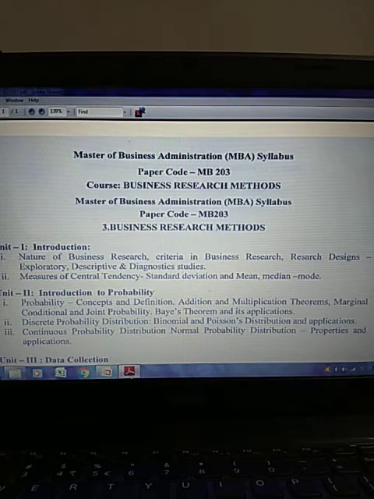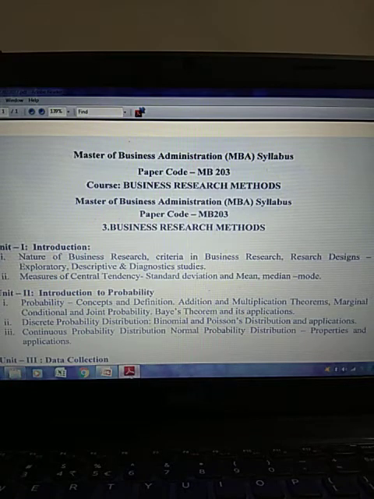Now under unit 2, we are going to discuss a measurement tool for uncertainty. As you all know, in our life most of the time we face uncertainty. There is a beautiful tool in the world of statistics: you can even quantify uncertainty, which is nothing but probability. Here we understand the basic concepts of probability, various definitions of probability, addition theorem, multiplication theorem, and the distributions.